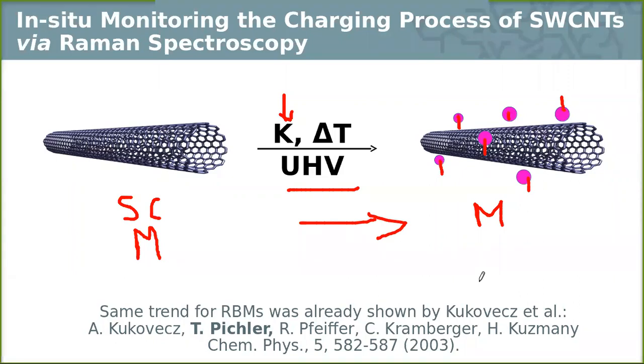That was the main result they found. Everything becomes metallic, and at some point it makes sense, because if you are giving electrons to a semiconducting system, then it should turn metallic somehow because you are displacing the Fermi energy level. So in this case, you have a fully metallic sample. But that system was not analyzed.